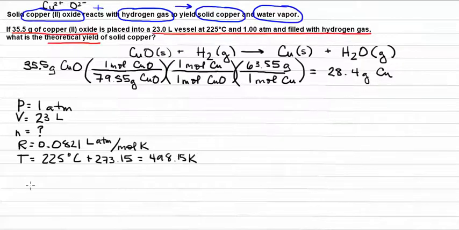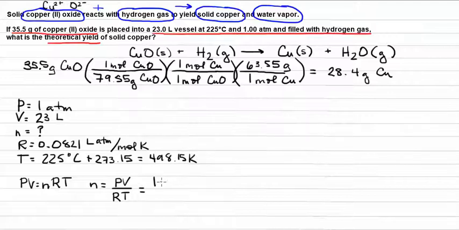I like to rearrange the gas law in order to solve before I plug my values in. So PV equals nRT, solving for n is equal to PV over RT. Now we can plug things in. As long as you double check and make sure all of your units match what they should be, we don't have to worry about putting the units into the equation.